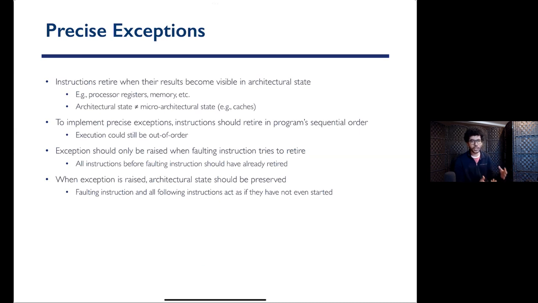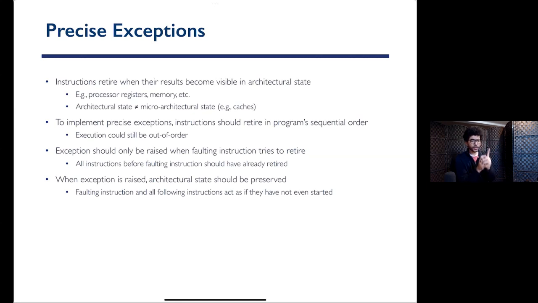How can we actually implement precise exceptions, meaning that I want to have a pointer to the last instruction that I'm sure has been executed correctly based on the program order, and any instruction that I'm executing by just predicting, or executing out of order, is going to be after this pointer. So this pointer is always pointing to the last instruction that I surely executed based on the program order.